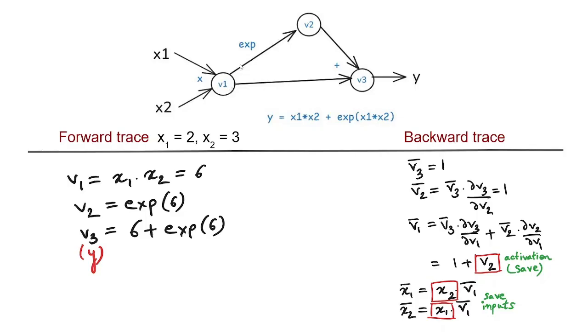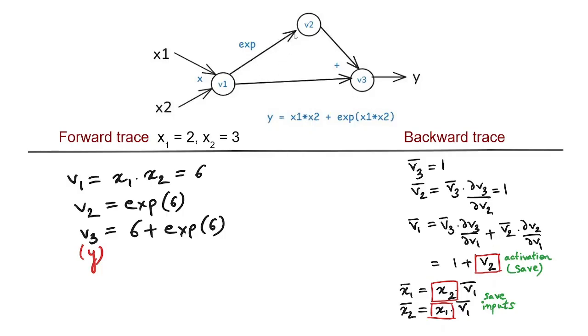The adjoint of v1 is the sum coming from these two branches. Let's look at the contribution coming from v3. This contribution is v3 bar times the local partial derivative, and this is 1 because v3 bar is 1, and here we have a sum.